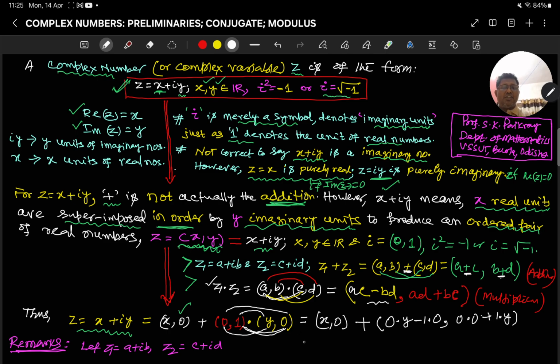So what will be your addition? Your addition here will be x0 plus 0y, so this is equal to xy.